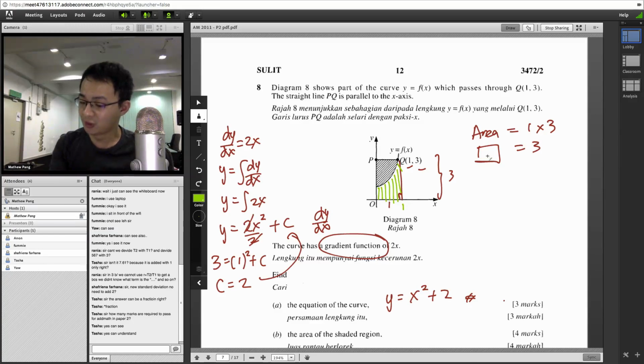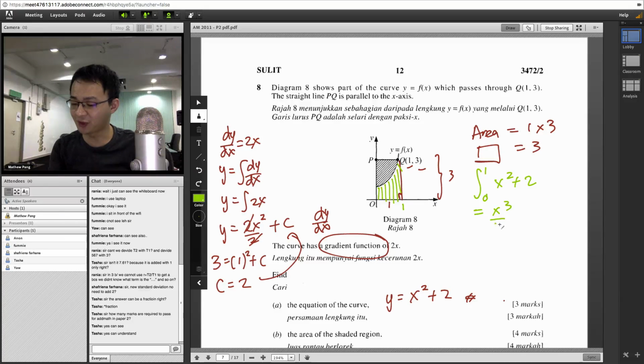I want to find the green area, so I will integrate from 0 to 1 the equation x squared plus 2. Then I can get the area under the curve. If I integrate, I get x to the power of 3 divided by 3 plus 2x, from 0 to 1. Solving this, you get 1 over 3 plus 2, minus 0.